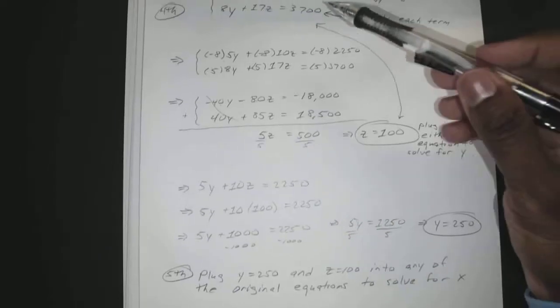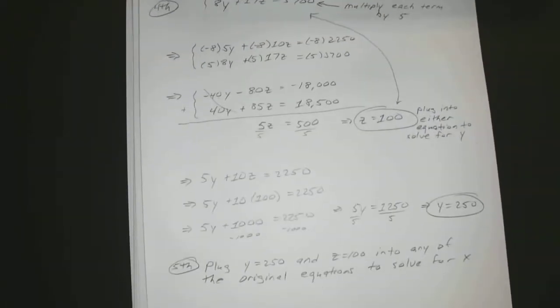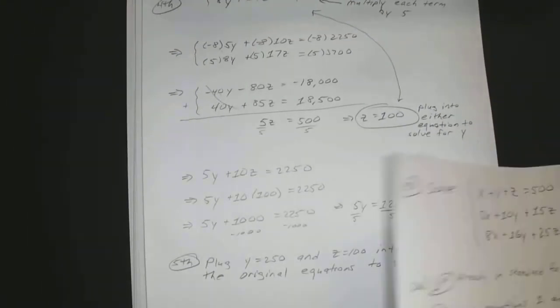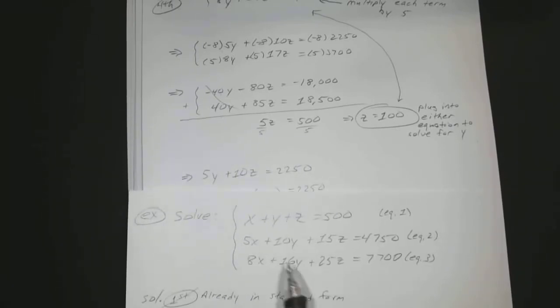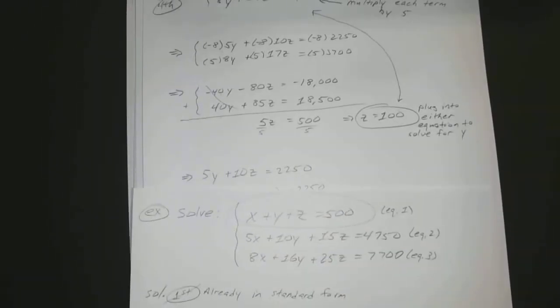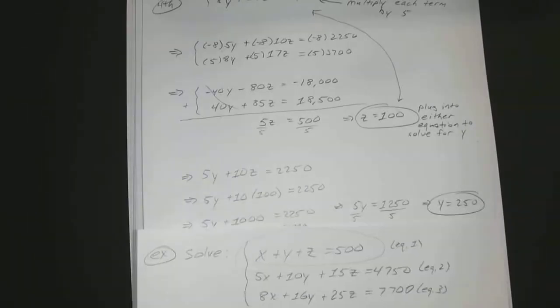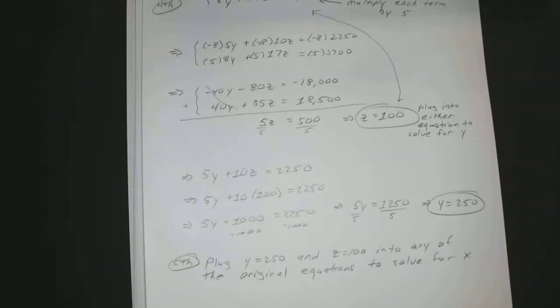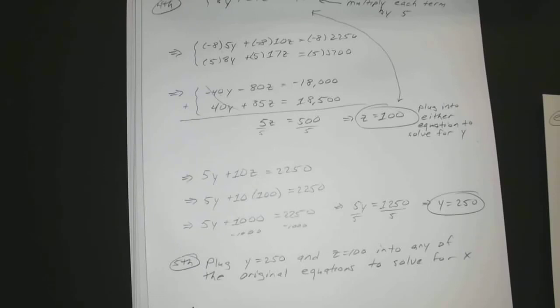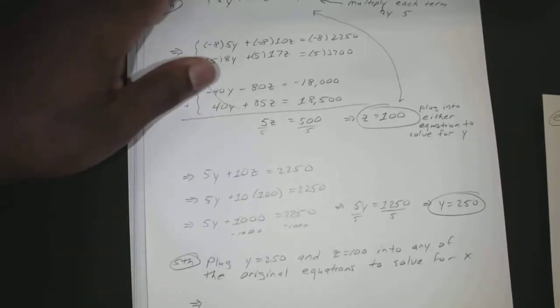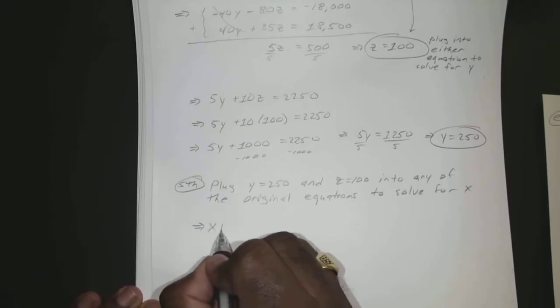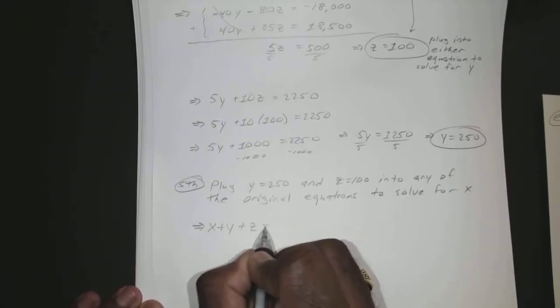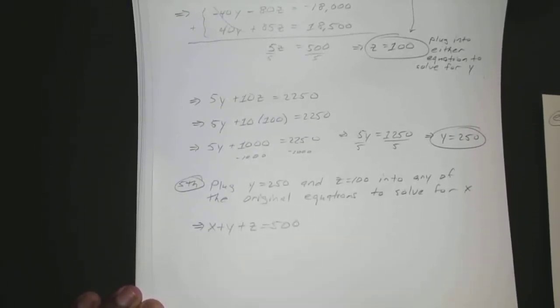You can't use these equations up here because there is no x to solve for. So you have to go back to the beginning. I picked that one simply because it's the easiest one to plug in and solve. So you have x plus y plus z equals 500. That's one of our original equations.